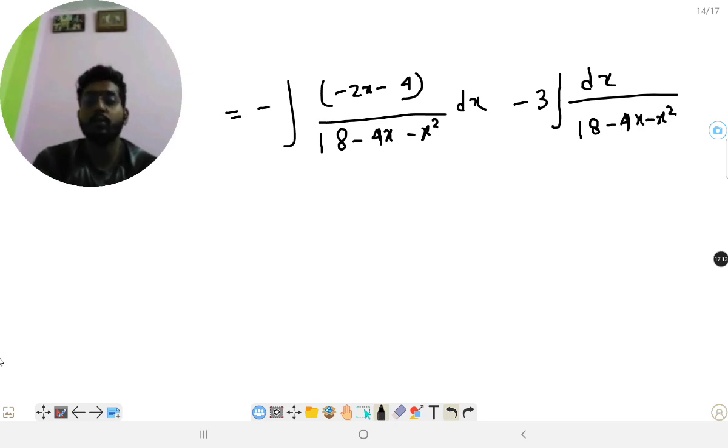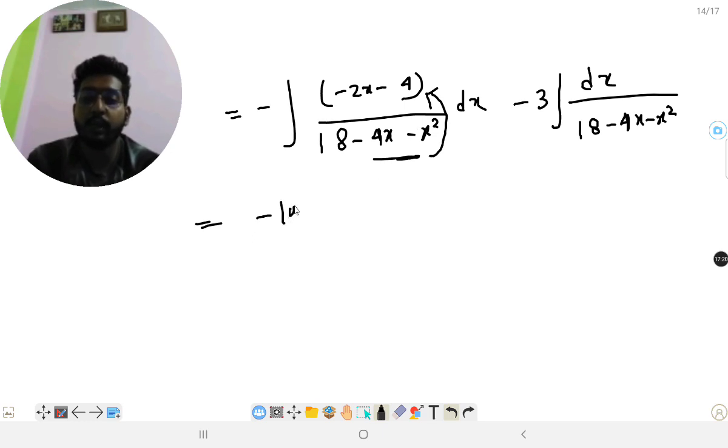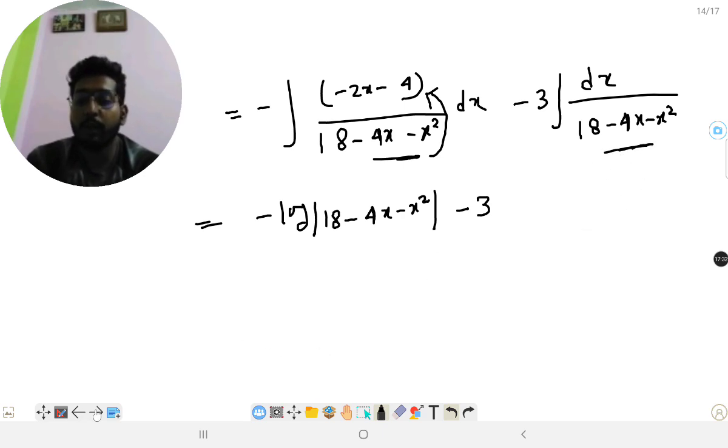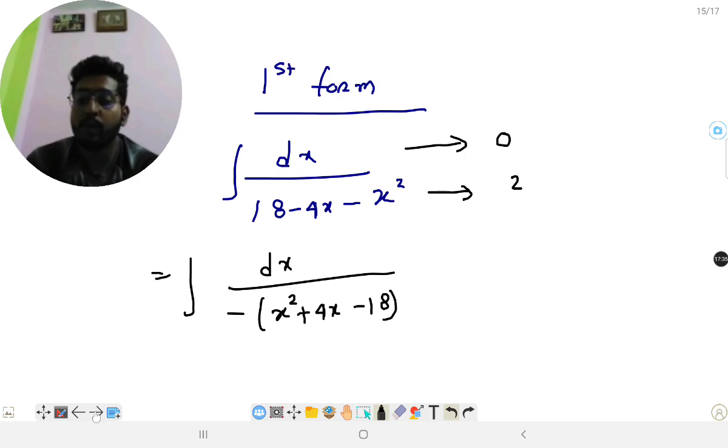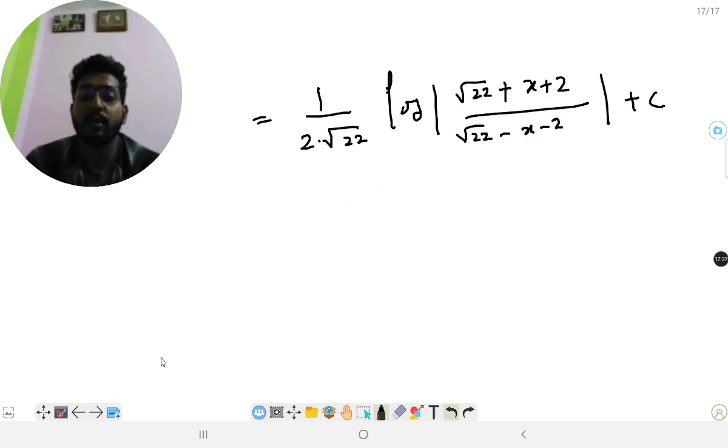Done. So now how to solve this one? This one is very easy. Now the derivative of the denominator is the numerator, that means the integration will be log mod (18 minus 4x minus x square). Now minus 3, this integration we have already done, this is type 1. For type 1 we have already solved this one. So what was the answer? This answer you have to just put.